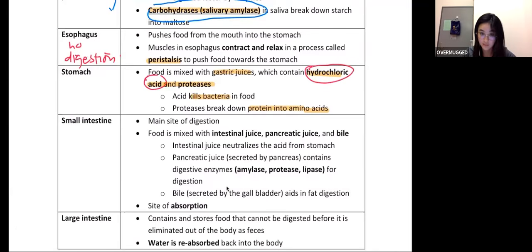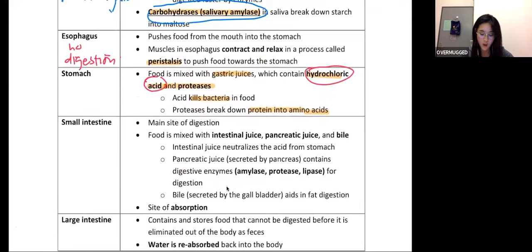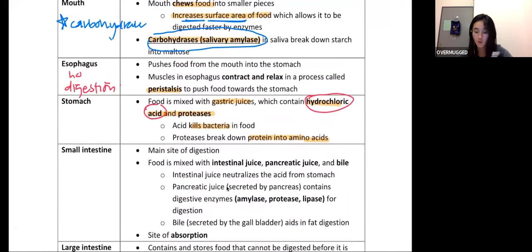It is also the reason why you don't get food poisoning after every meal, because the acid is killing all the bacteria from your food. So what digestion happens in the stomach? Only protein. Why? Because gastric juice only contains proteases. So no carbohydrate, no fat digestion, only protein in the stomach.